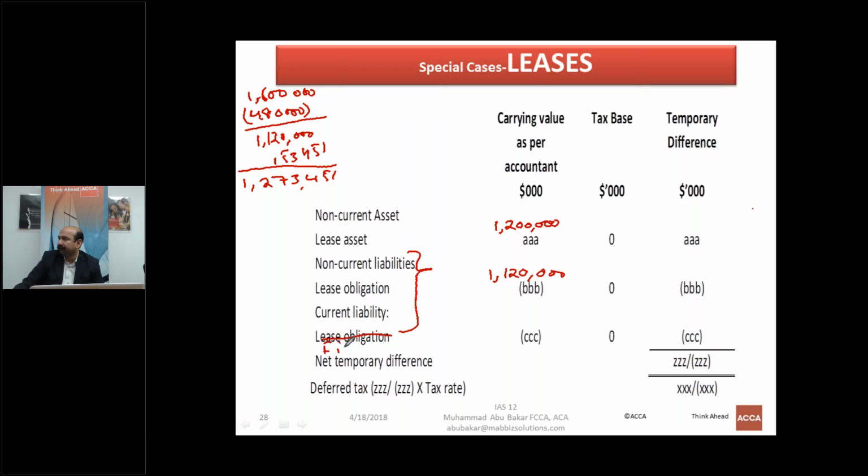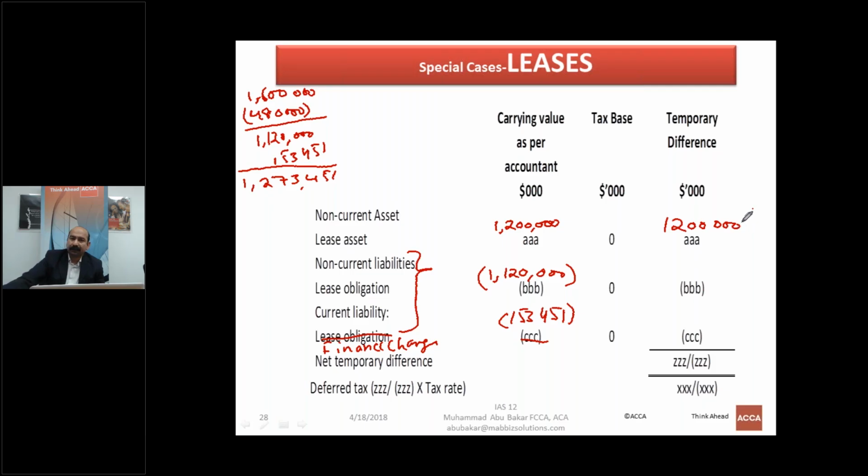So this will be your accrued finance charge, and that is 153,451. This is negative. This is a liability. This is also negative. So these are the amounts which will appear in your statement of financial position in relation to this lease. So you can see that the tax base of this amount is 0. So the temporary difference will become this.